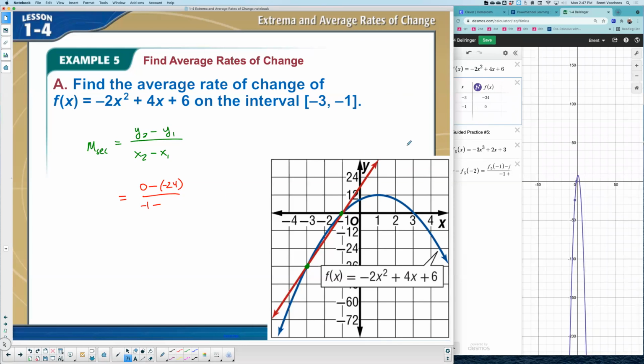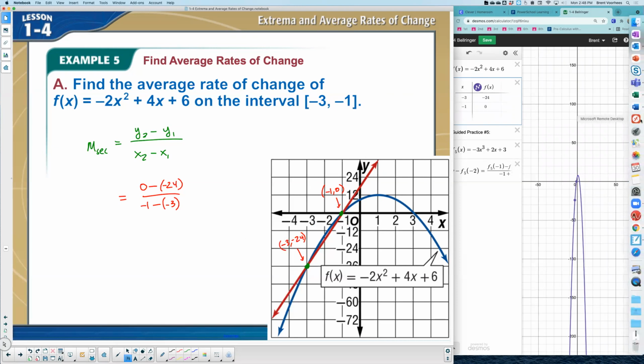I'm going to subtract my first x, which is a -3. So I am just using these 2 points, which this one was a -1, comma 0. And this point, according to the table, was a -3, -24. That's what the table tells me about those 2 points.